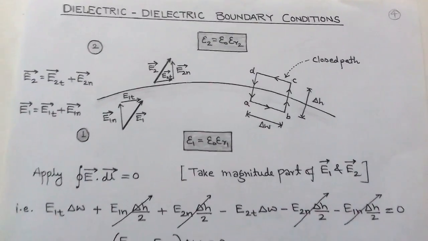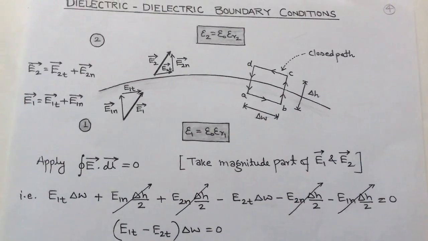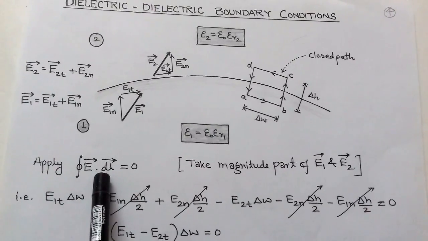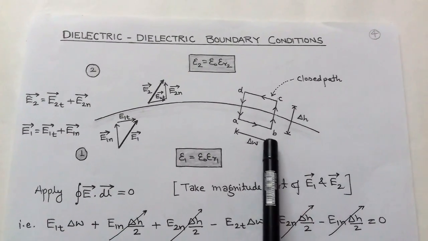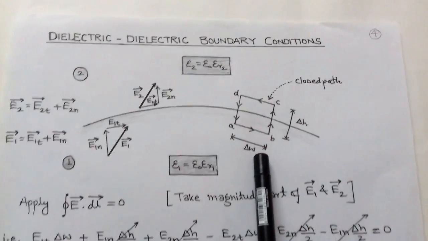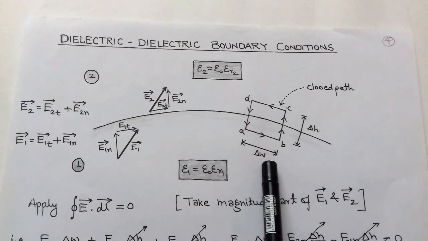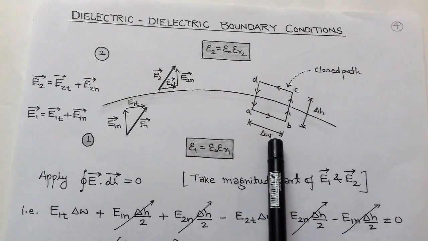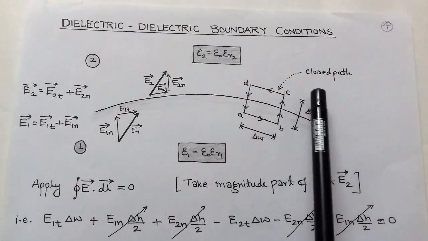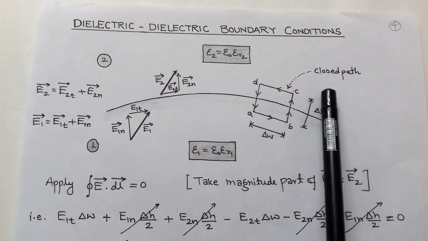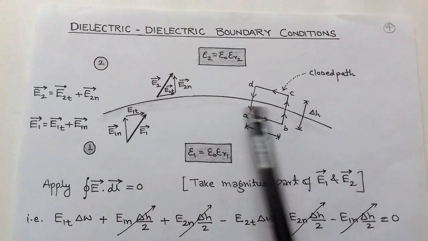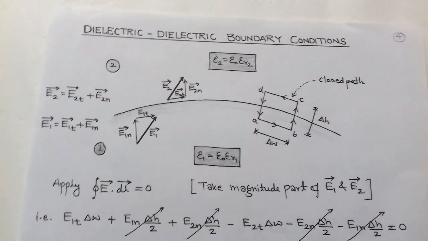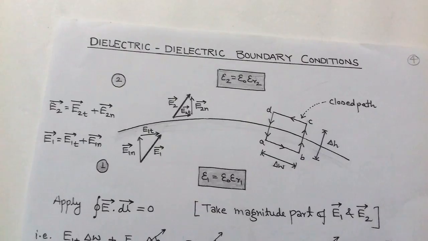Now, using the first Maxwell equation, the closed line integral, we draw an assumed closed path. That closed path is rectangular, with half of the path in region 1 and half in region 2.